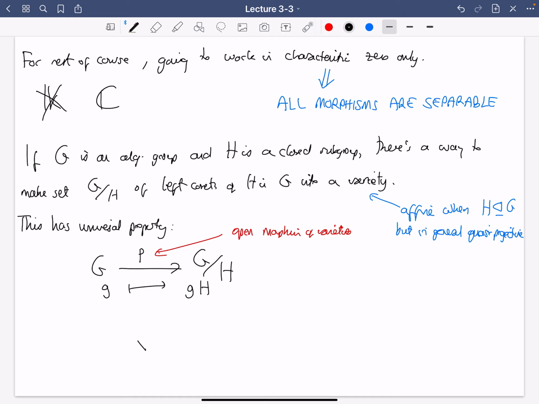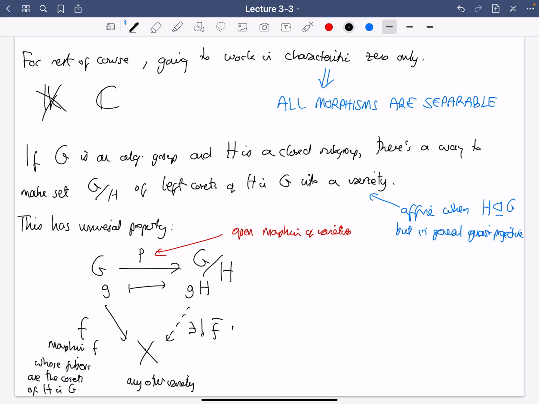And moreover, if you have any other variety and any other morphism F of varieties whose fibers are the left cosets of H in G, then there exists a unique morphism F bar, making that diagram commute. So I'm assuming the fibers of F are exactly these cosets.